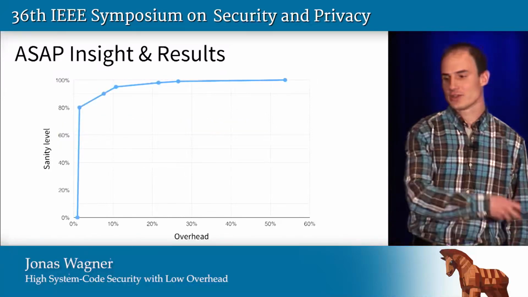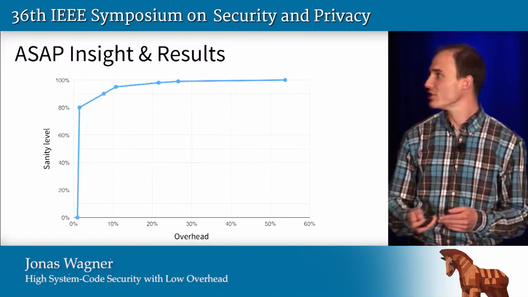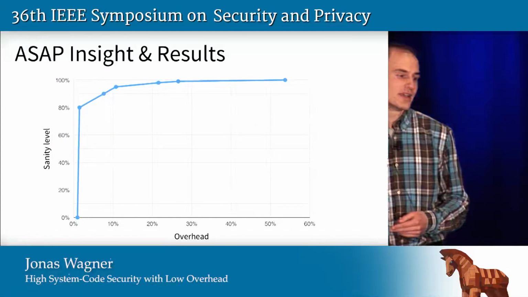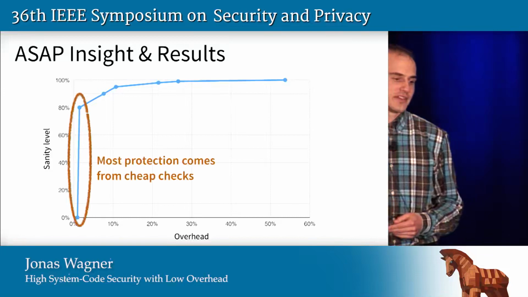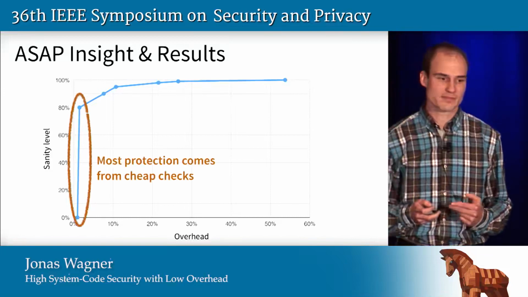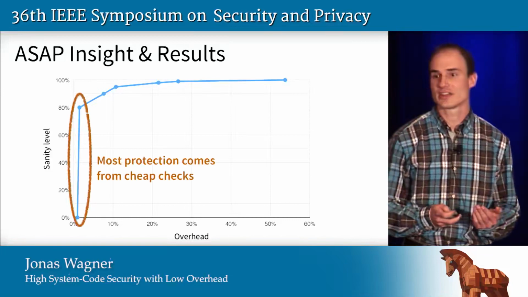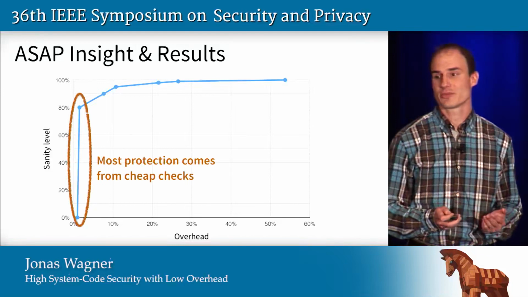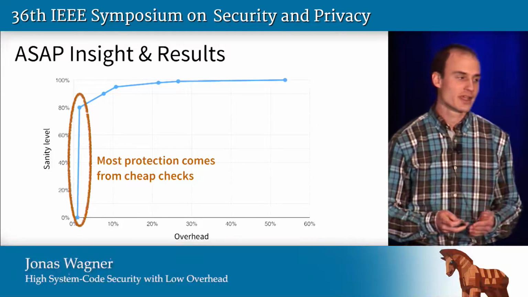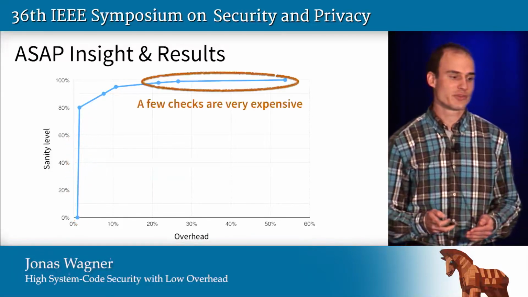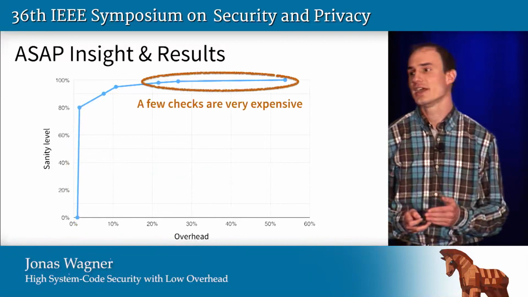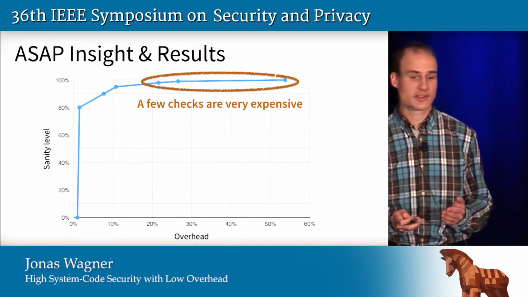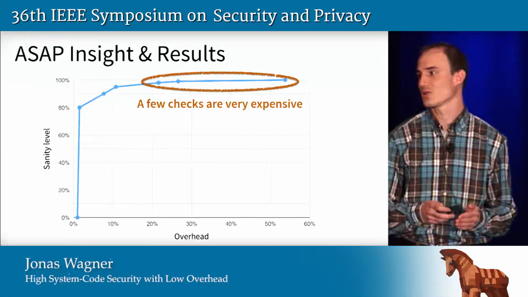When you do this, you obtain a curve that's very skewed, like here. This means that there's indeed a large fraction of the protection that is very cheap and comes at almost no performance cost. On the other hand, if users want 100% protection, they also have to enable a few checks that are very expensive and cause overhead to quickly grow.